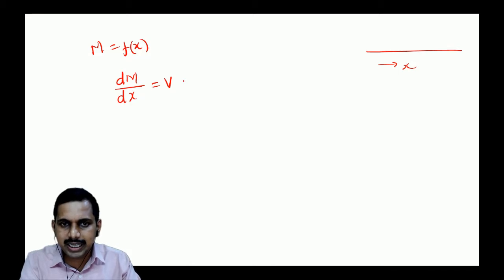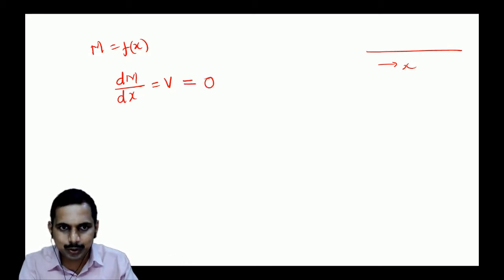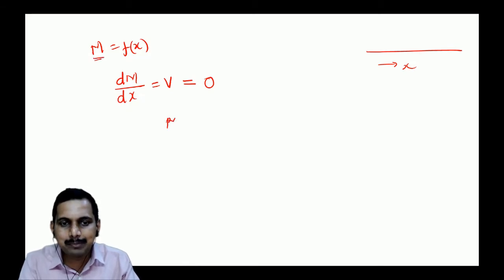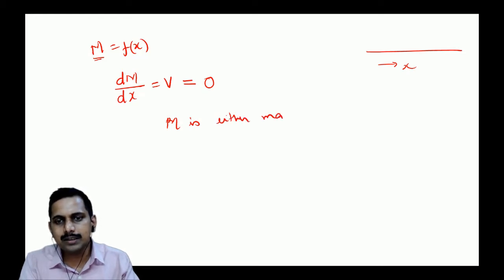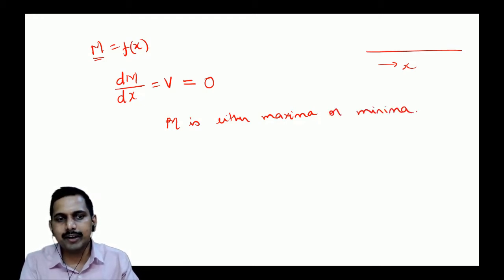If this dM/dx is equal to 0, that means shear force is 0. What about the bending moment? The bending moment M is at an extremum, correct? M is either maxima or minima.